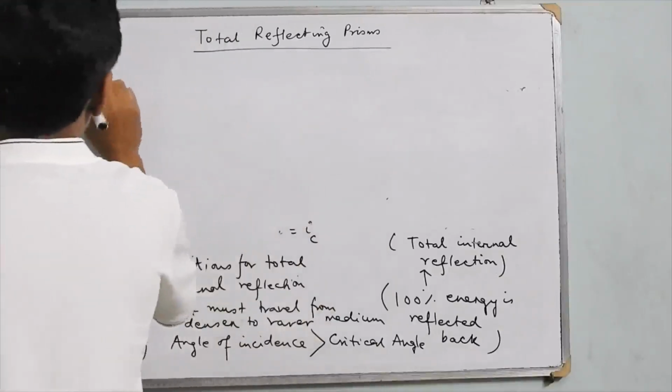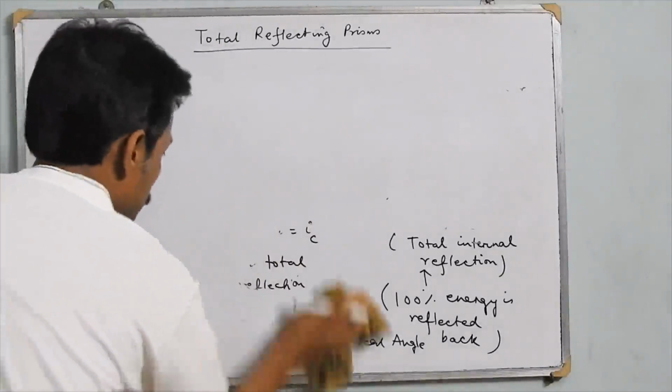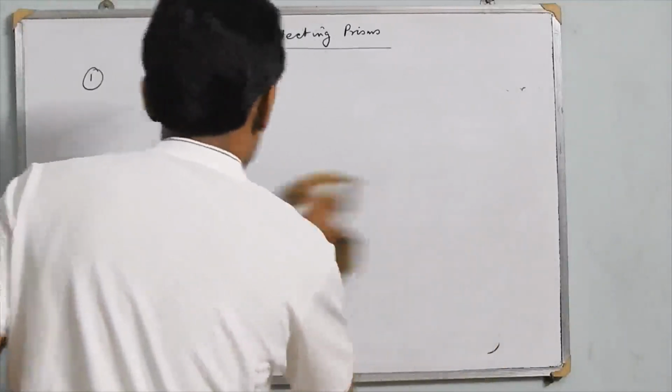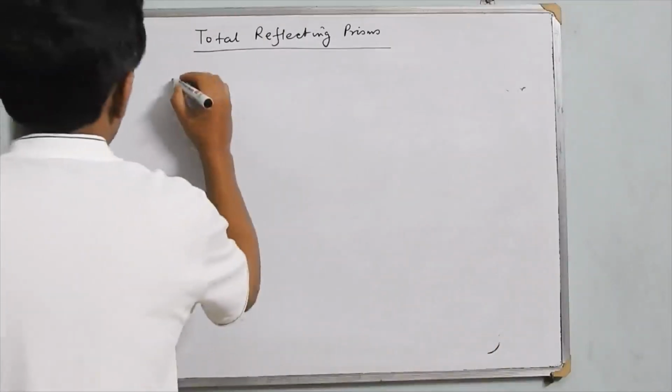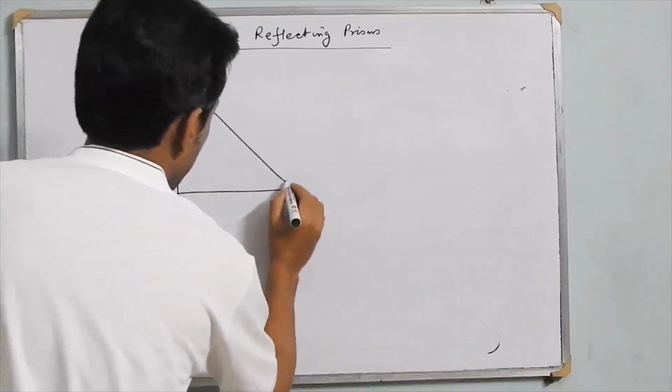The first one is, suppose it is a right angle isosceles prism. That is a right angled isosceles prism.